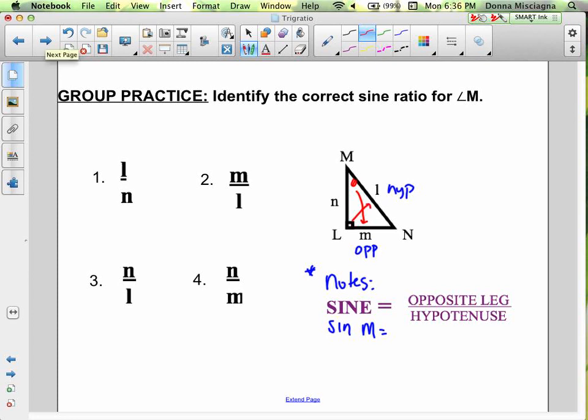So the sine ratio for angle M is going to be the side opposite angle M, which is side M, over the hypotenuse, which is side L. That's your sine ratio, and you can also circle number 2 here. Or if the circling is not in there, just write it down. I don't think the circling is in there, actually. Just everything else, now that I think about it.